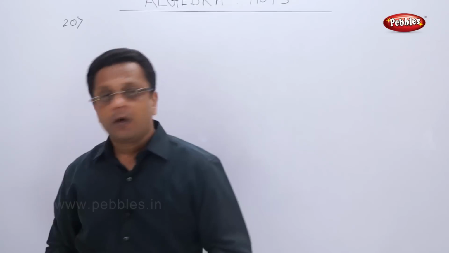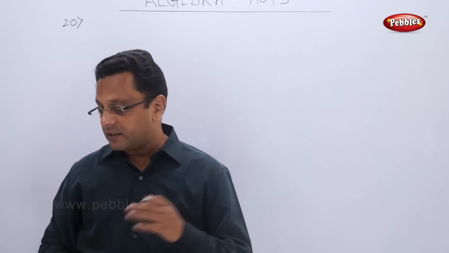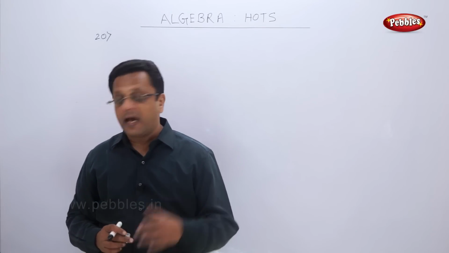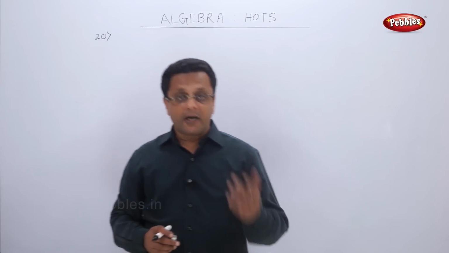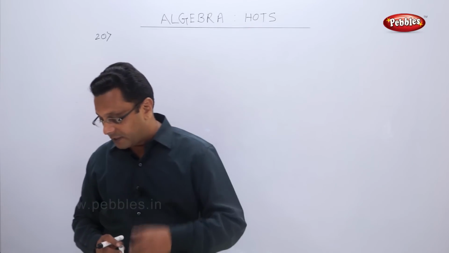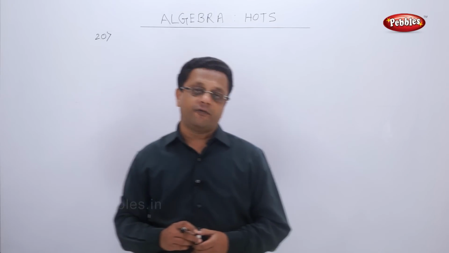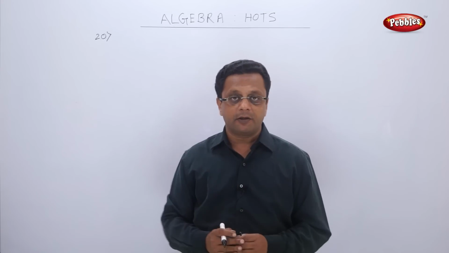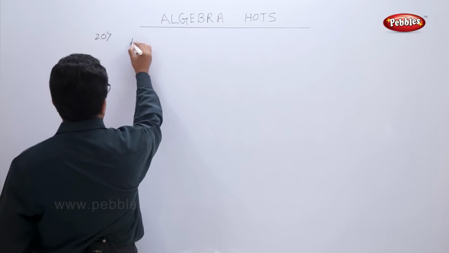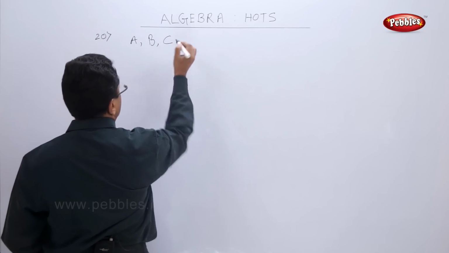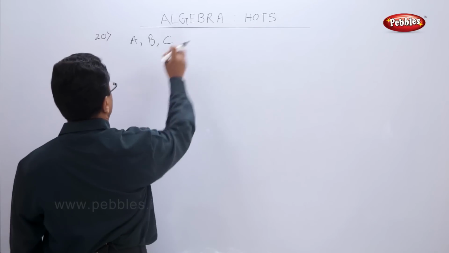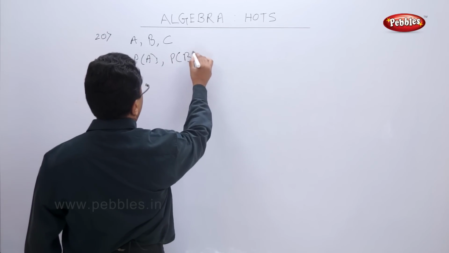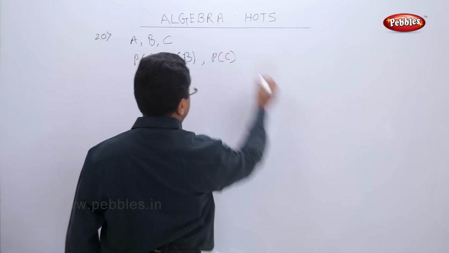Let us go ahead. There are 3 horses, A, B and C, in the race. A is twice as likely to win as B, and B is twice as likely to win as C. What are their probabilities of winning? Now when we say that it is likely to win, it means that it is a probability. So let us consider there are 3 horses, A, B and C. So their probabilities are PA, PB and PC.